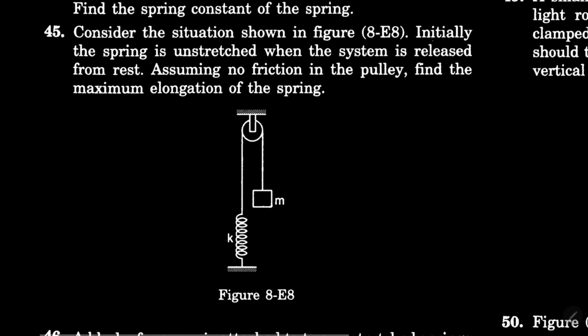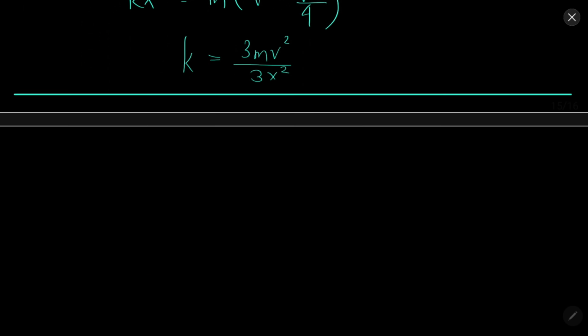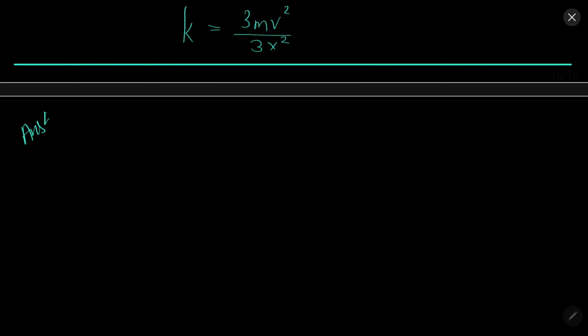In question 45, we have this figure. We need to assume that there is no friction in the pulley and find the maximum elongation of the spring. So this is the 45th question solution. So let's say x.